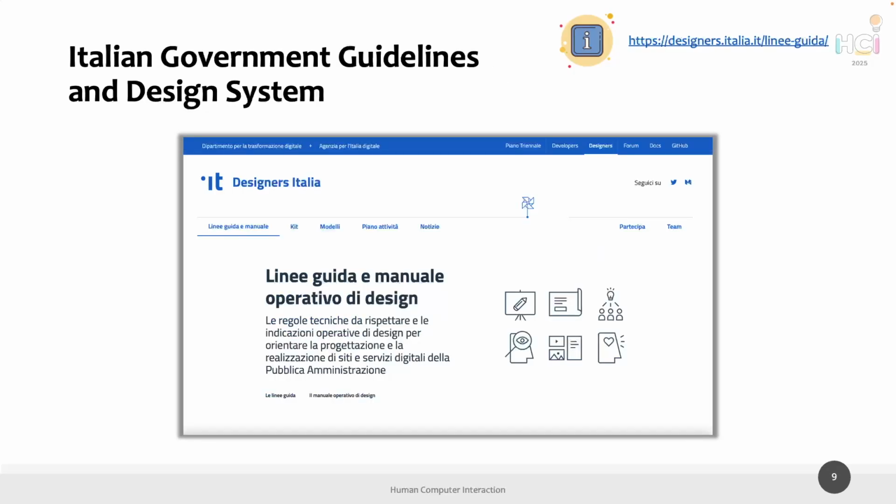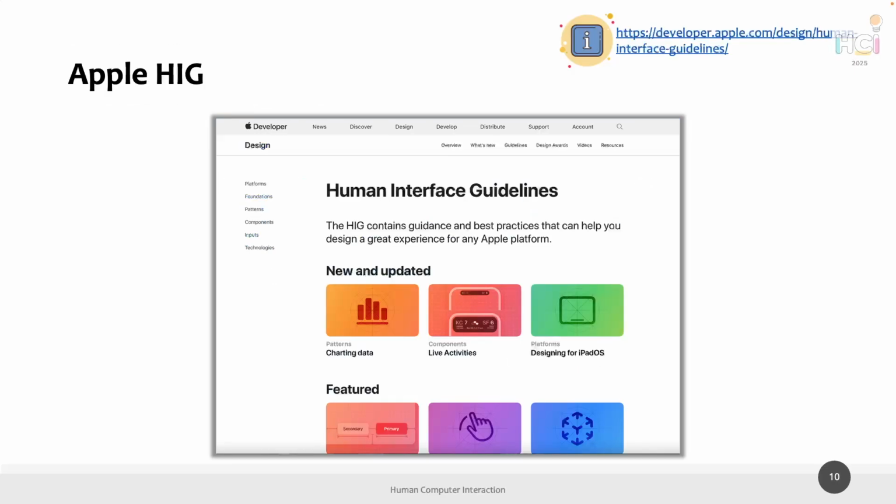These are the guidelines for developing an application or a website for the Italian government. And again, companies also have their own guidelines, and these are the guidelines by Apple. If you are going to develop maybe a mobile application for the iOS ecosystem in your prototype, this could be a good starting point.